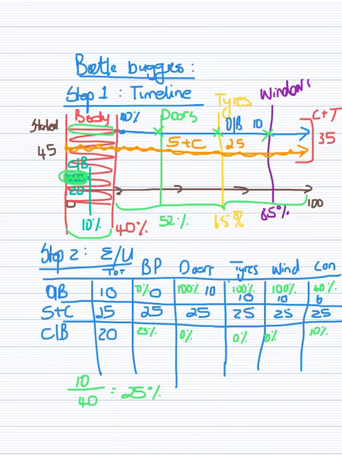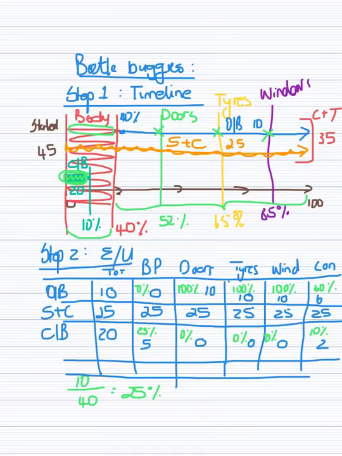So when we do our calculation now, 25% of 20 is 5. 10% of 20 is 2. So now I can add my equivalent units together.